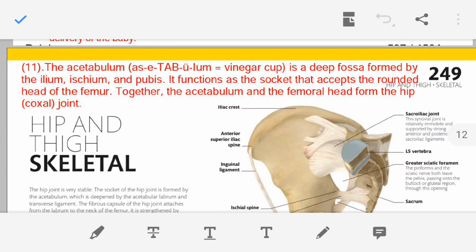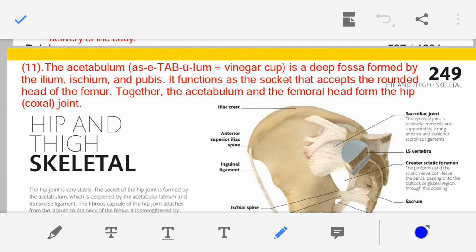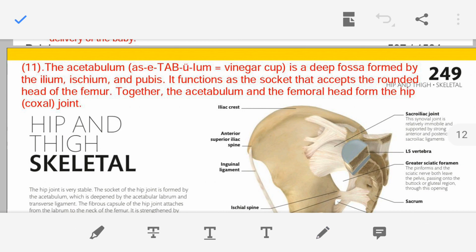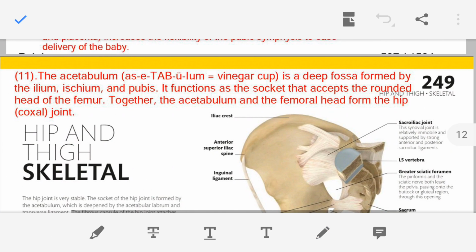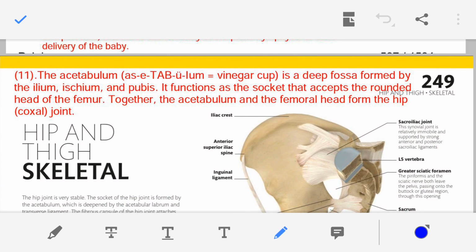Now how is this acetabulum formed? So part of ilium, ischium and pubis fuse together and one depression or fossa is formed. I have already shown you that fossa, okay, in the previous point.